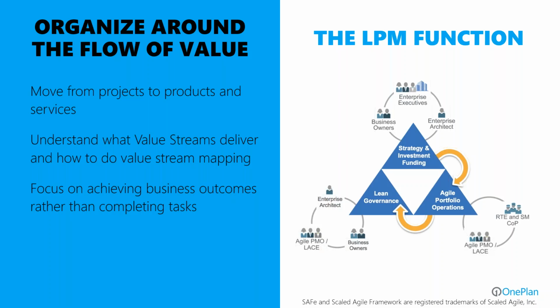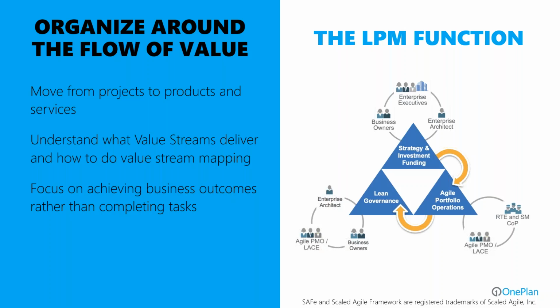But I want to touch on some of the things that really make a difference when you're driving to deliver better business performance through agility. One shift from traditional ways of managing is we're moving from projects to products and services, as I said before.